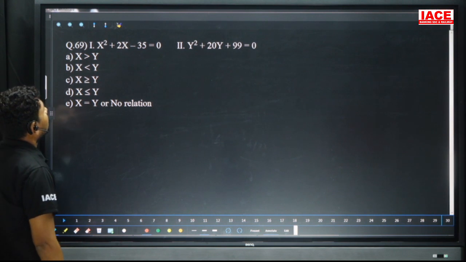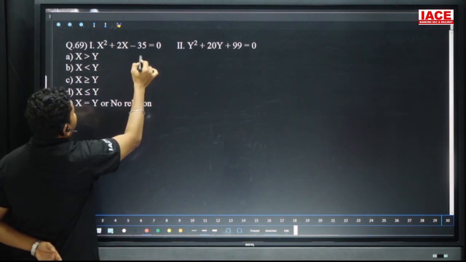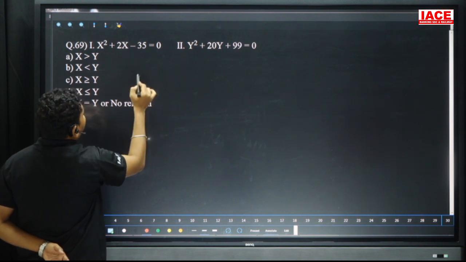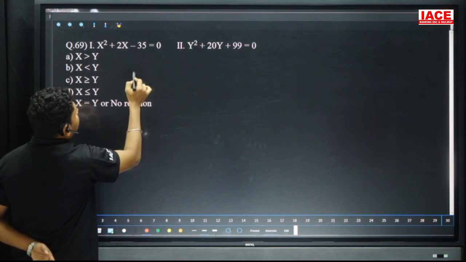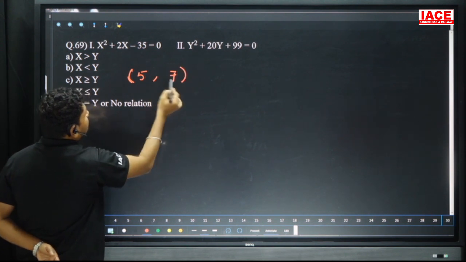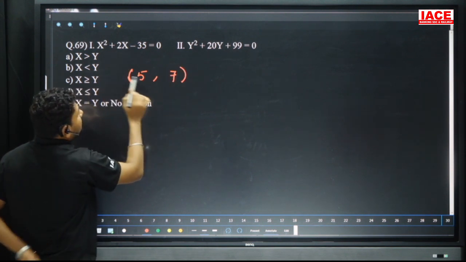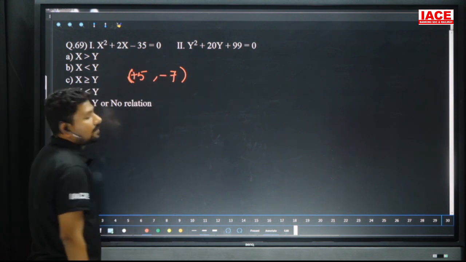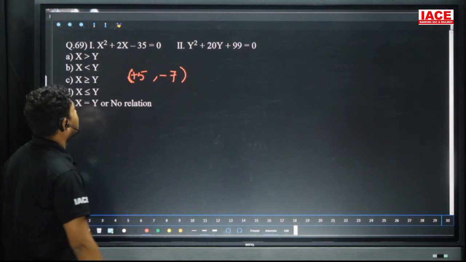Next, x square plus 2x minus 35 is equal to 0. Here, what are the factors? Minus 35, we can write here 5 sevens are 35. So 5 comma 7. 5 sevens are 35, 5 to 7 difference is 2. So here what will be the factors? Here plus 5 and minus 7. Plus 5, minus 7, these are the final factors.